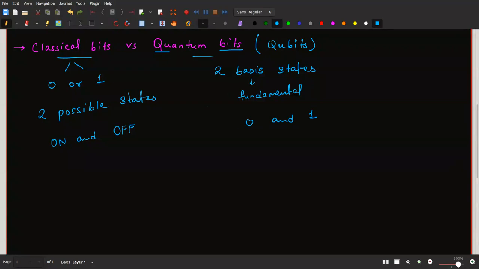This sounds very similar: in classical bits we have 0 and 1, and in quantum also we have 0 and 1. These two are the basis states, or fundamental states. Then what is the difference?